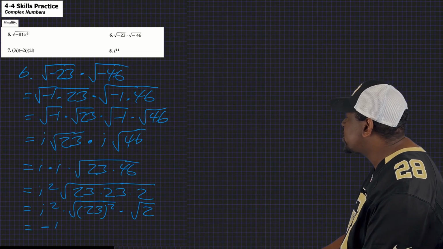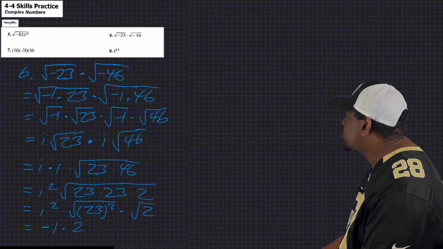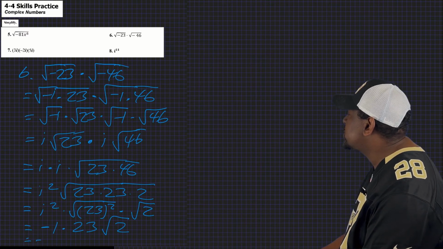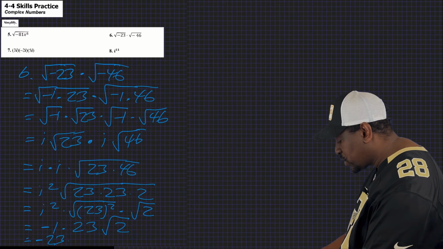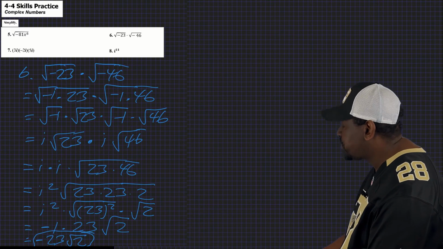So i squared, we simplify, is -1. The square root of 23 squared is 23. And we multiply that by the square root of 2. And so our final answer will be equal to -23 times the square root of 2. There we go. So we have simplified number 6.